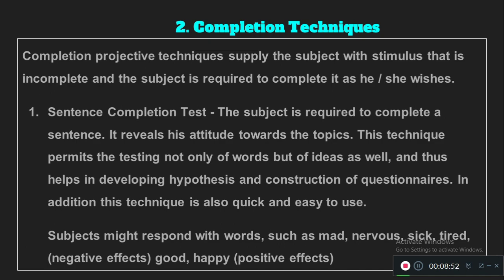For example, when subjects respond with words such as mad, nervous, sick, tired, these reflect negative affect, the negative emotions which the subject has. And answers like good, happy represent the positive mood of the research subjects. So this is about the sentence completion test.